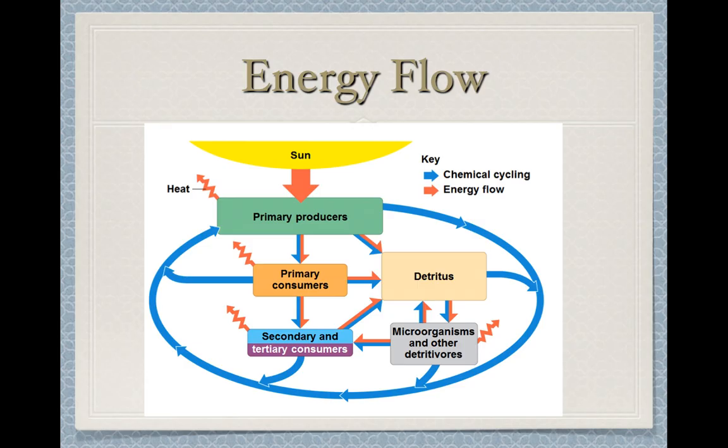But the chemical cycling is really a cyclical process. We're constantly moving those chemicals from different levels and it all gets cycled back at the end. But the energy's coming in one direction and we're only going to be able to really move in one direction. So that's the big difference there.